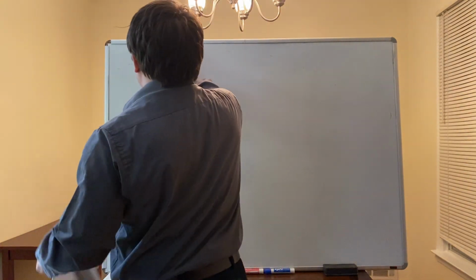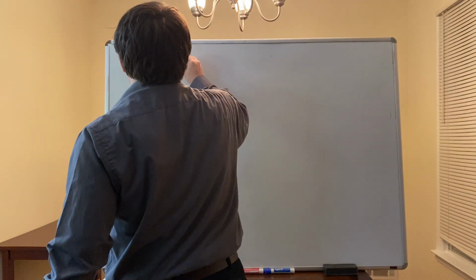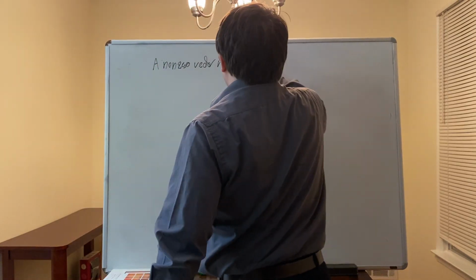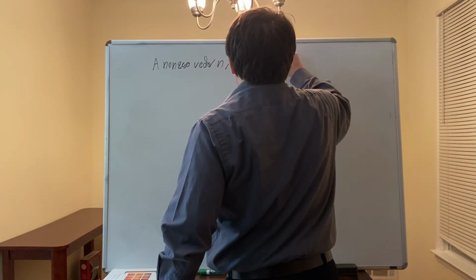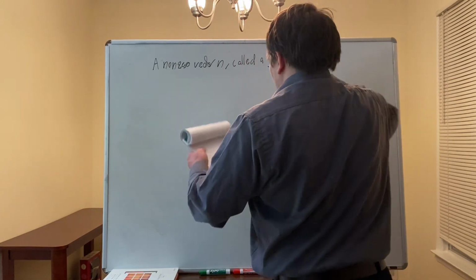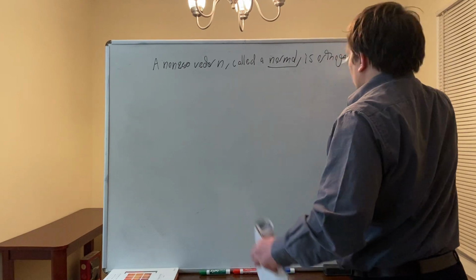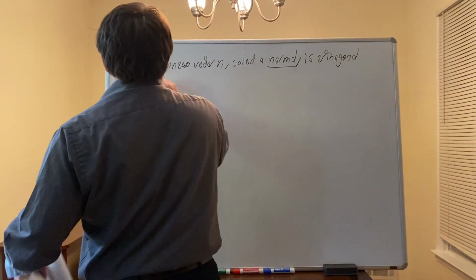Okay, so now a new topic. A non-zero vector, little n, called a normal, is orthogonal to the line or plane in question.